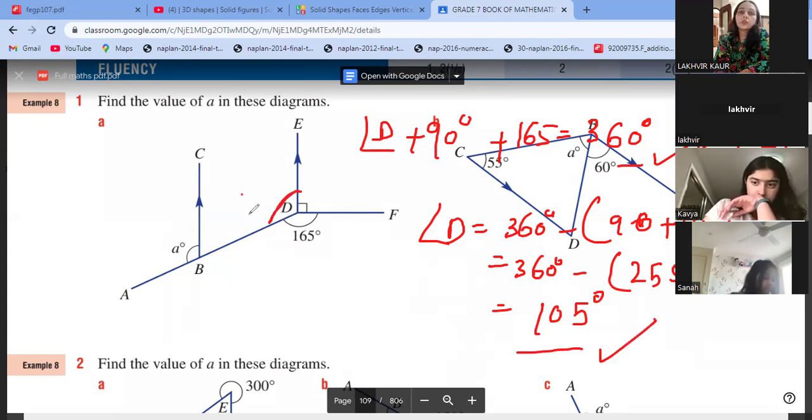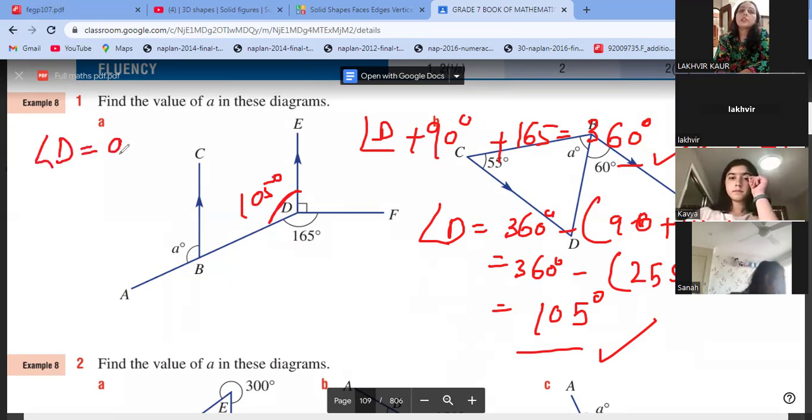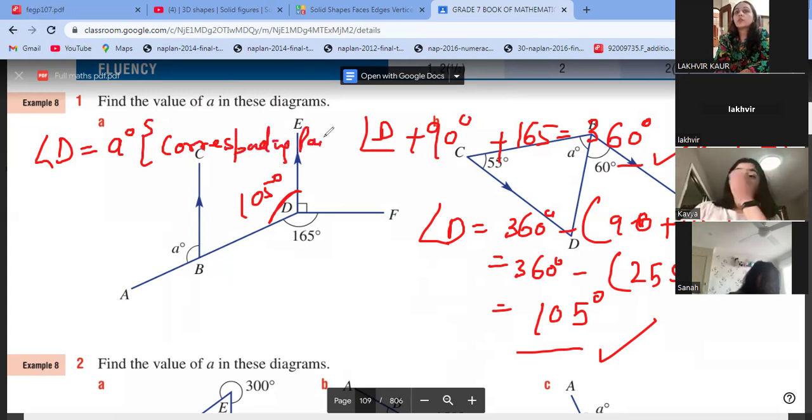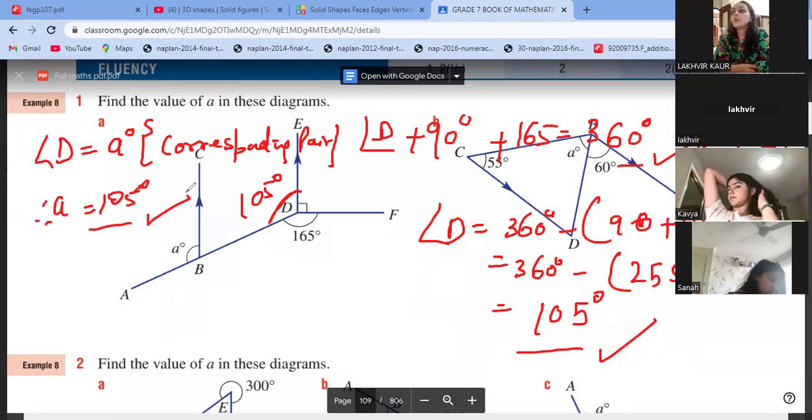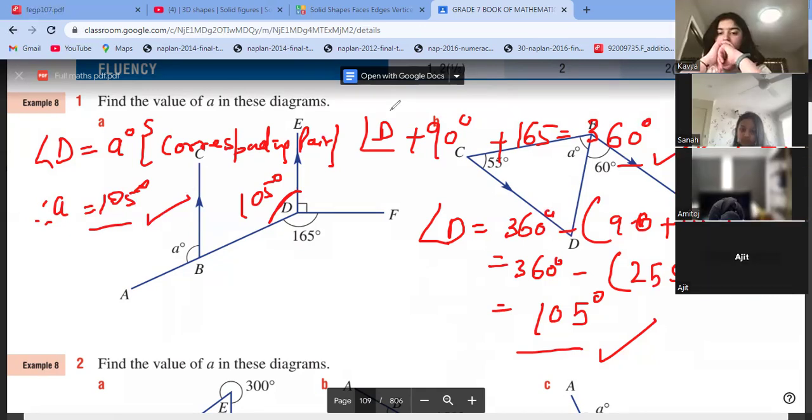So this is equal to 105 degree. Now angle D is equal to angle A. Why? Because they are forming a corresponding pair. Therefore A is equal to 105 degree. Got it? Is it clear? Everyone, is it clear? Yes, miss.